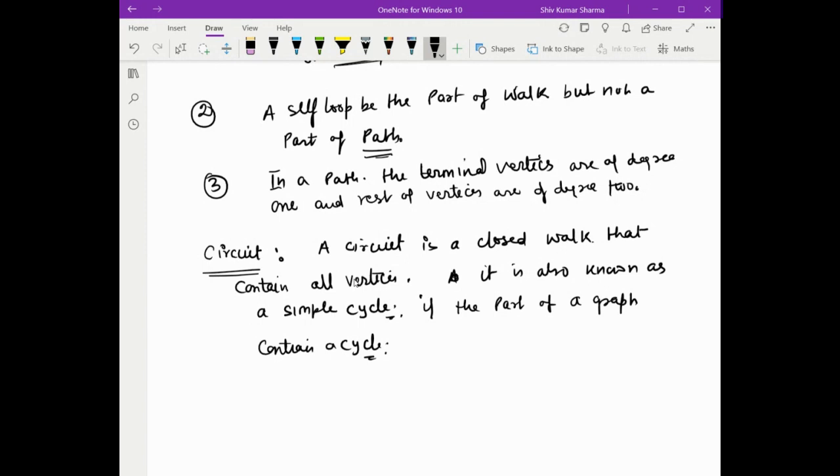So that means closed block that contains all the vertices. This is another definition: it is also known as simple cycle if the part of the graph contains a cycle.